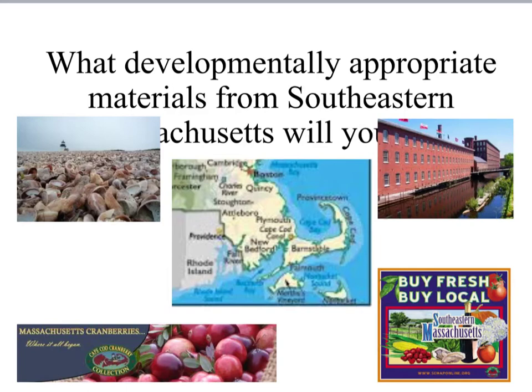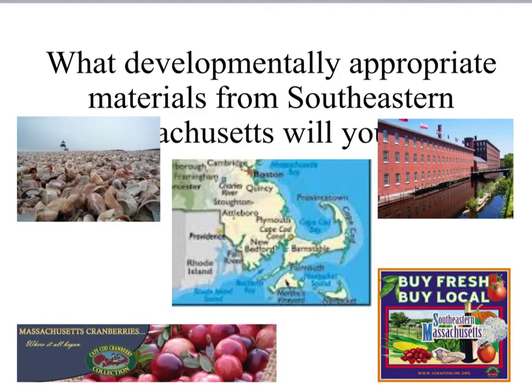What developmentally appropriate materials from southeastern Massachusetts will you use? This is the last question you will answer, and the purpose of this question is to show that you can effectively link children's language and culture to the classroom. The pictures may give you some ideas.